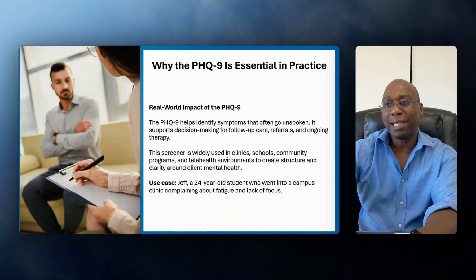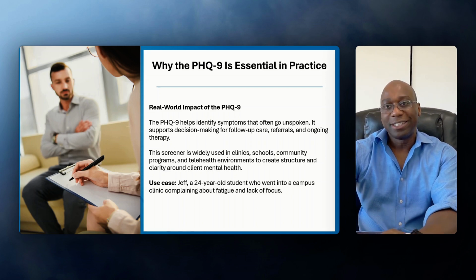Nothing serious, right? Or so it seemed. The clinician handed Jeff the PHQ-9 questionnaire. After completing the questionnaire, Jeff turned it in. His score, 19. That meant moderately severe depression.